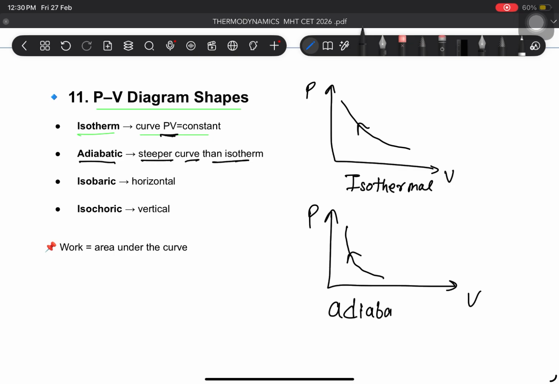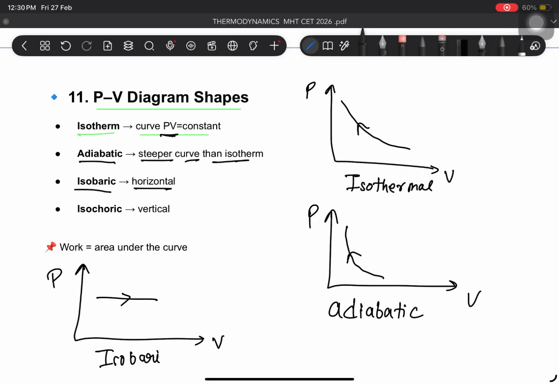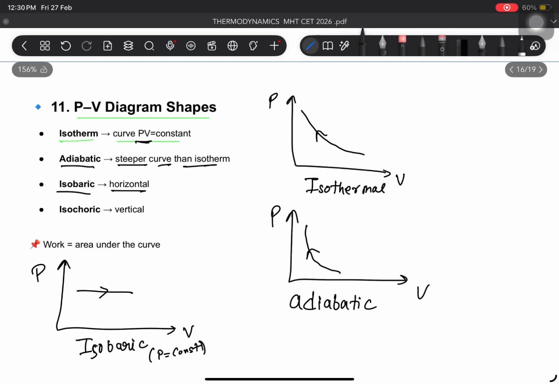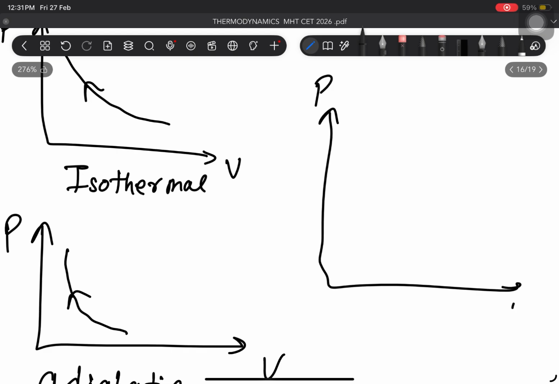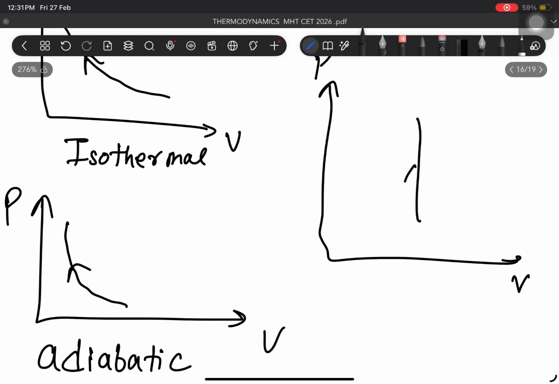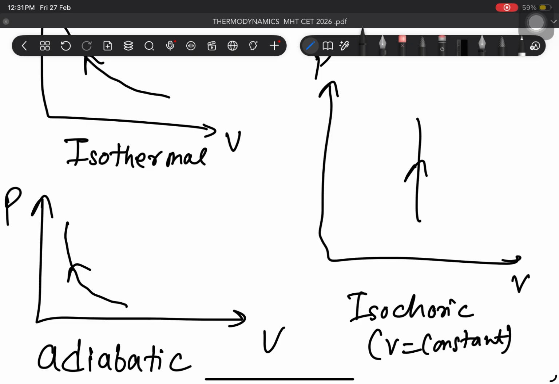Isobaric is horizontal. Isochoric process: volume constant, a vertical line.